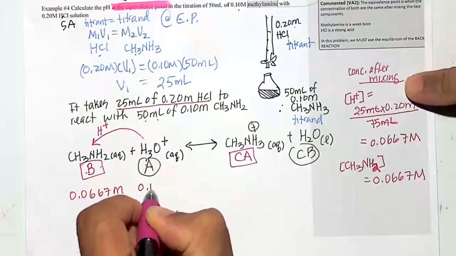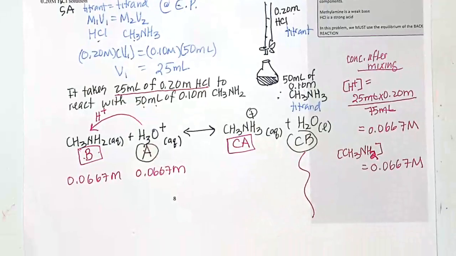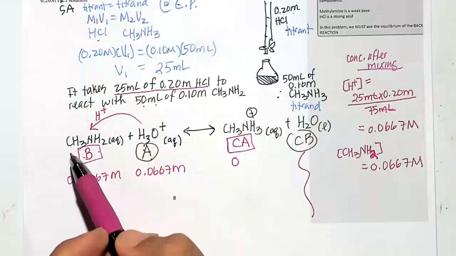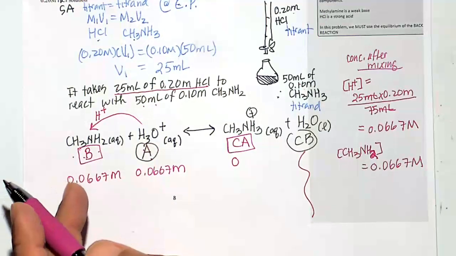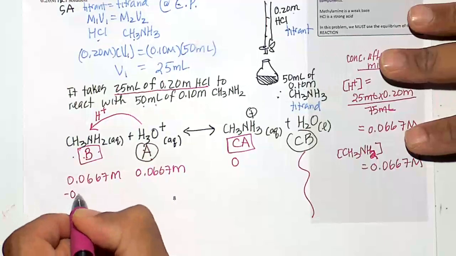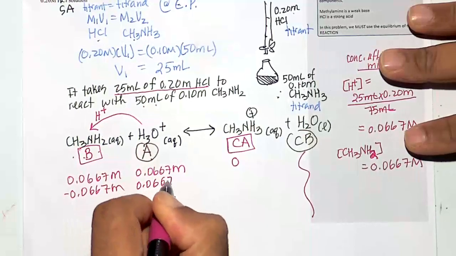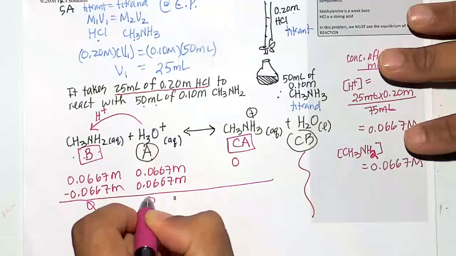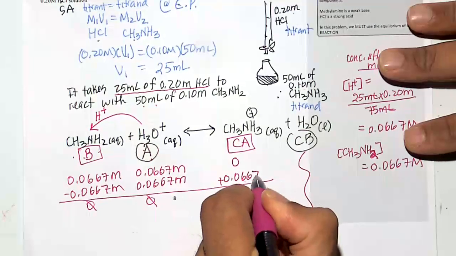The concentration of H3O plus is 0.0667 molar. We don't care about water. How much of the strong acid would eat up this weak base? It will eat up all of it. How much is all of it? 0.0667. So we have plus 0.0667 here.